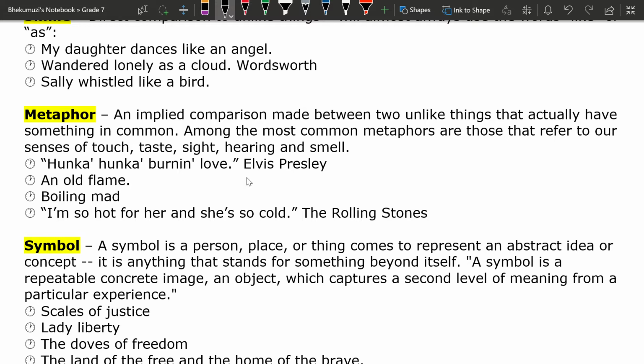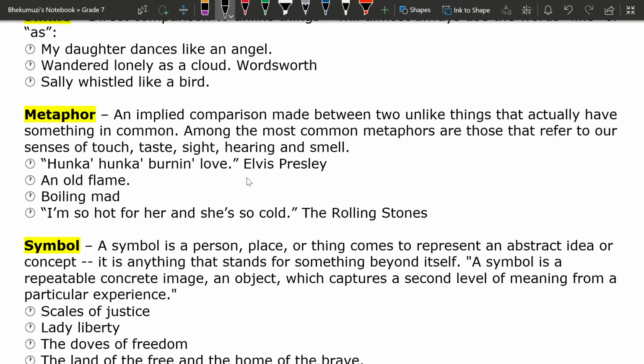Unlike when we look at a simile, a daughter and an angel. An angel is kind of a spiritual, religious being, whereas a daughter is someone who's living on the earth and so on. So you won't really find that much commonality between the two.